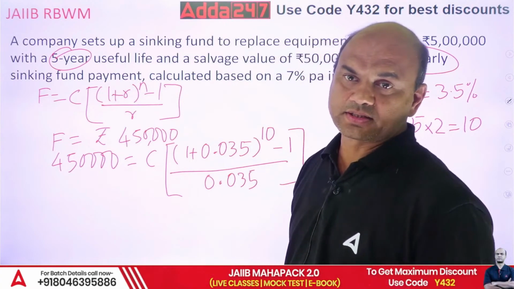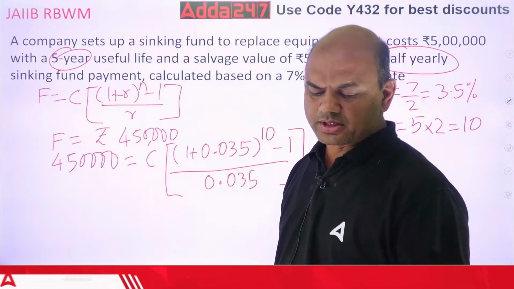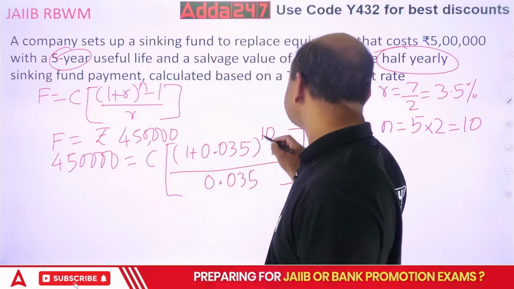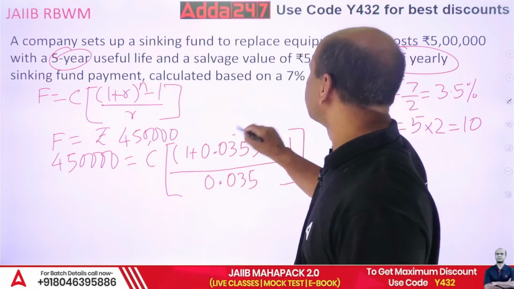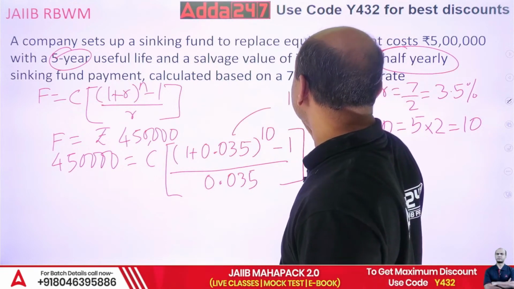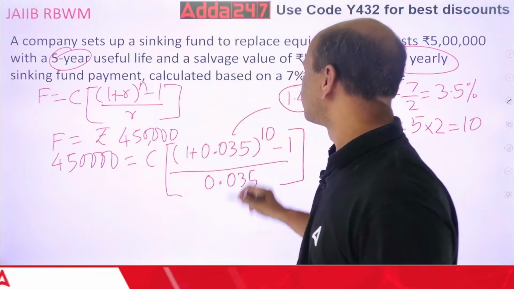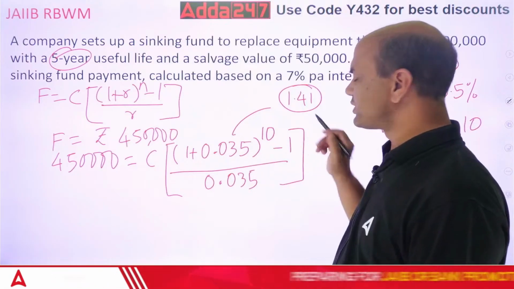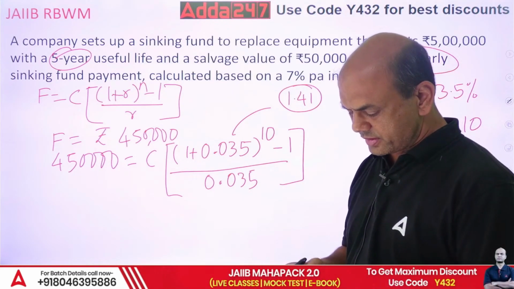Type in the comment section, everyone. You must get this as 1.41. So this answer is 1.41. Now solve this: 1.41 minus 1, so that becomes 0.41.